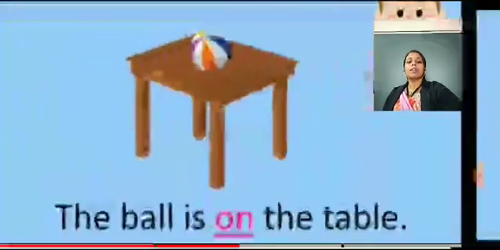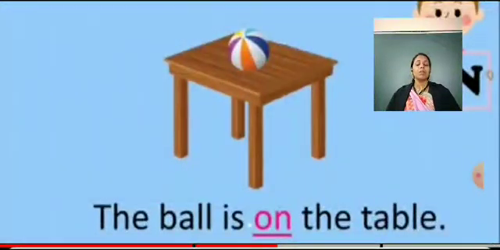Next picture, there is a table and a ball. What is the position of the ball? The ball is on the table. Okay, the ball is kept on the table. So you can write or say that the ball is on the table.